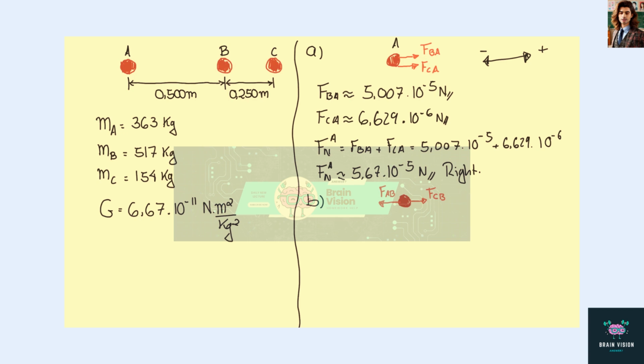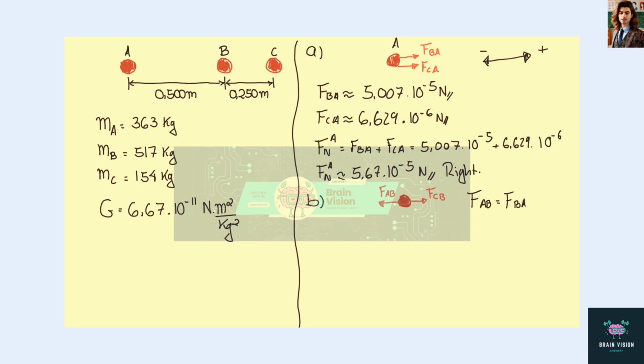I mean that the magnitude of the gravitational force that particle A exerts on particle B is equal to the magnitude of the gravitational force that particle B exerts on particle A. So we do not need to calculate these again. We had already calculated the magnitude of the gravitational force that particle B exerts on particle A. So we can just use this value again because of the symmetry. So I'm not calculating it again.